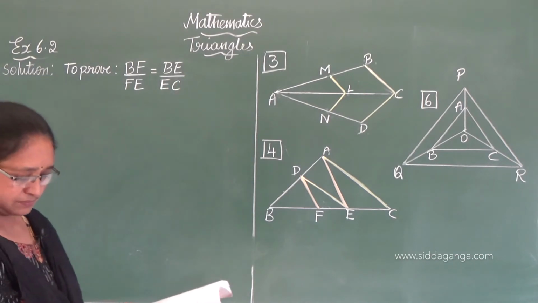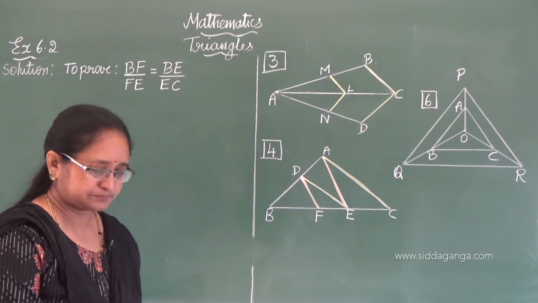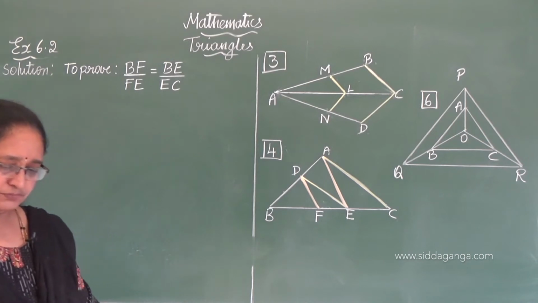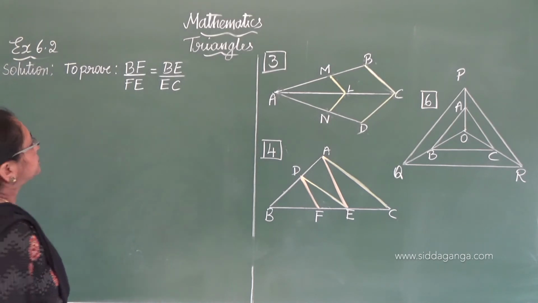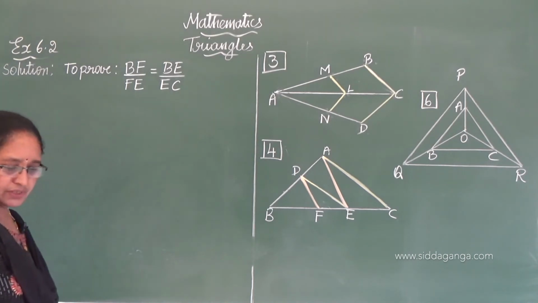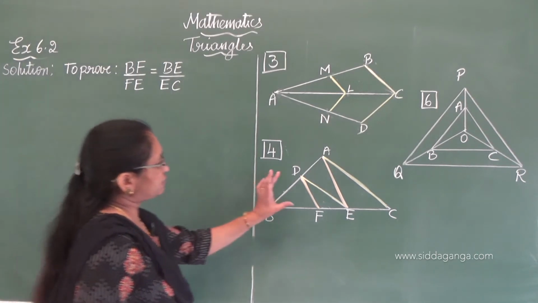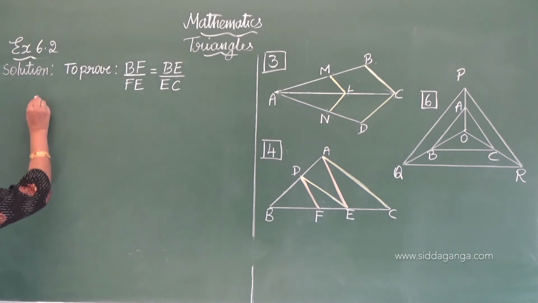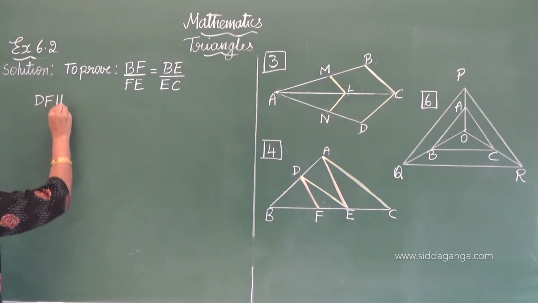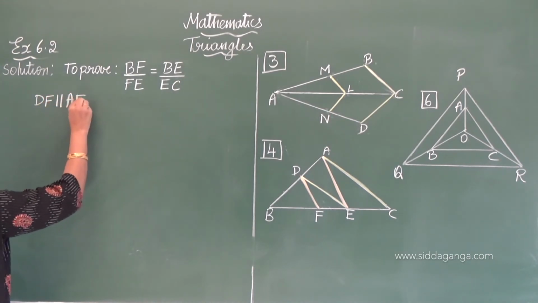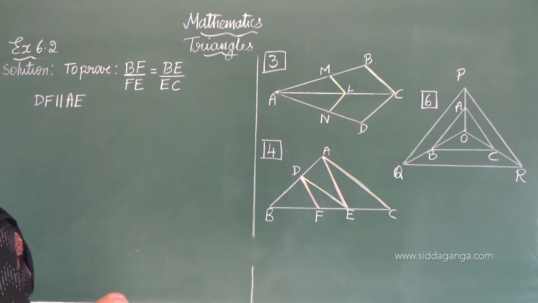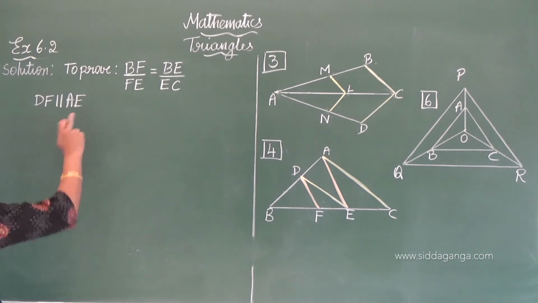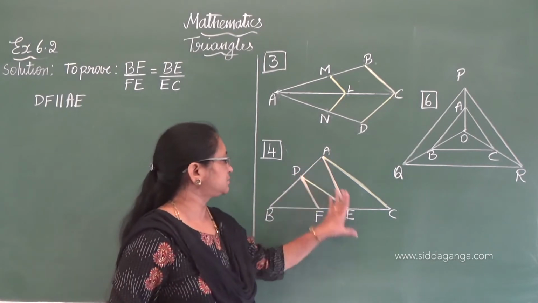Okay. Now, so this is also very easy. Now we have DF parallel to AE. Okay. So, DF is parallel to AE. Okay. So, this is given, DF is parallel to AE.